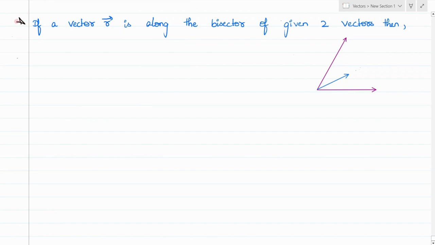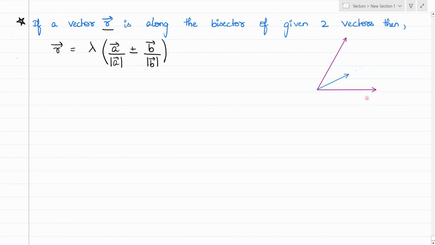A very important note over here is if a vector R is along the bisector of given two vectors, then R is written as lambda times of (A vector upon its magnitude plus or minus B vector upon its magnitude).